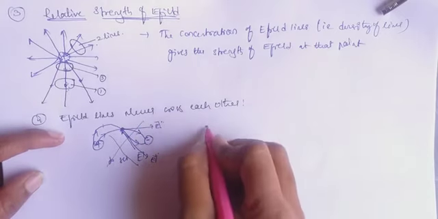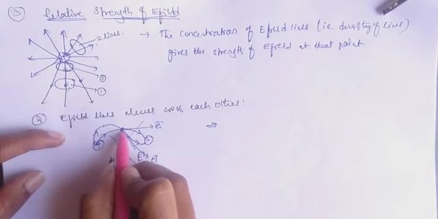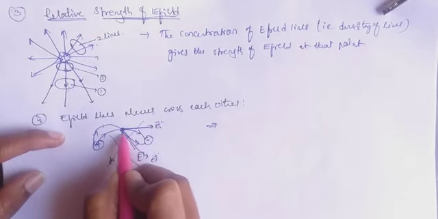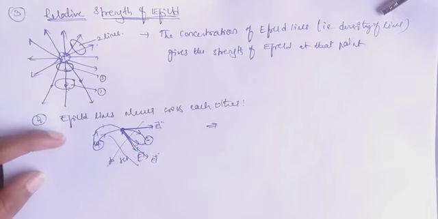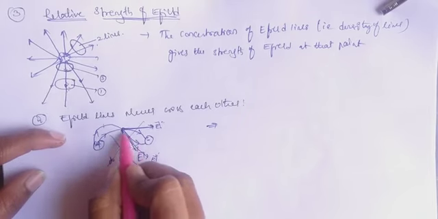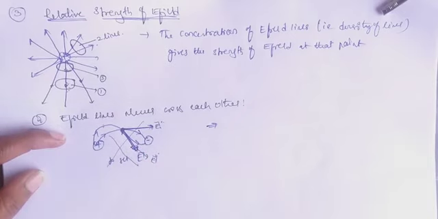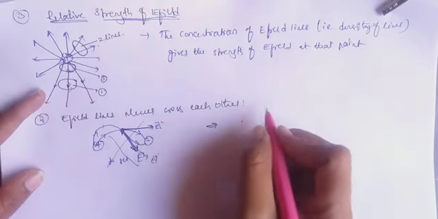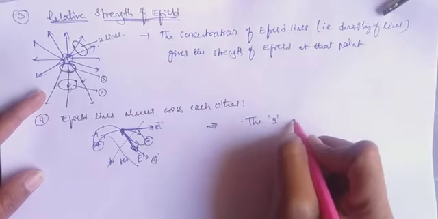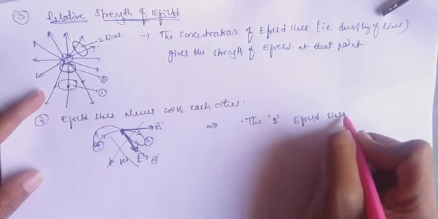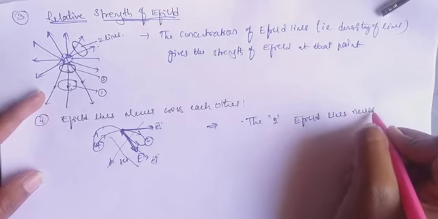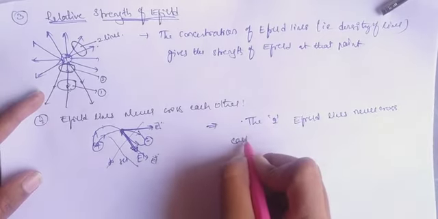At the point of intersection we are getting two directions for E, but at one point we must have only one direction for E. So two electric field lines never cross each other.